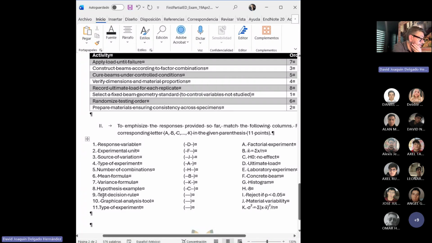And then number 9, the test decision rule, it is letter A, which is here. It is reject if P is less than 0.05.